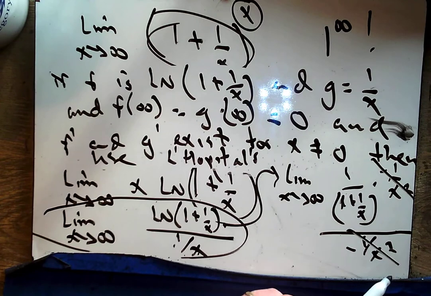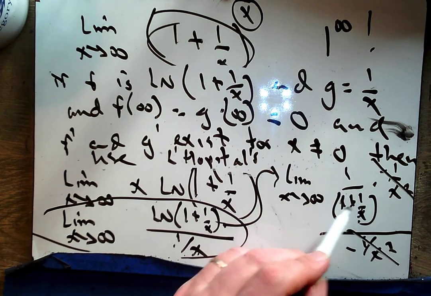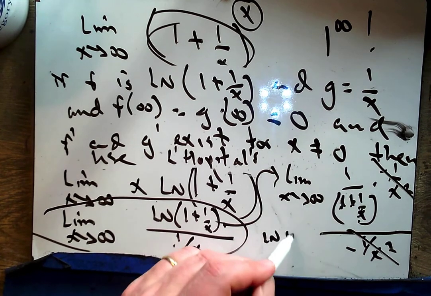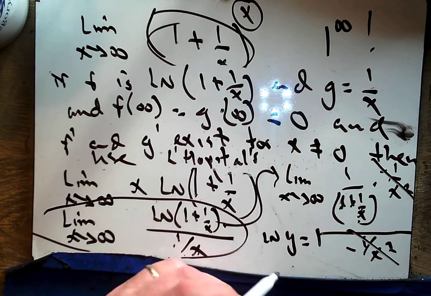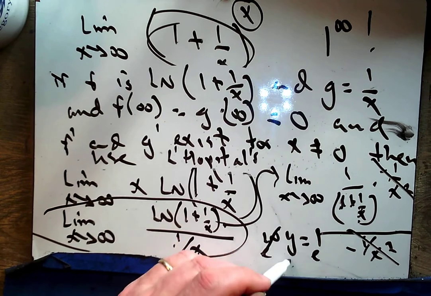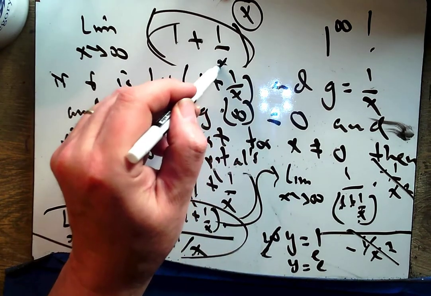Look, those cancel. Now when I plug in my infinity, I get 1 over infinity, which is 0. I get 0 plus 1, which is 1. I get 1 over 1. So I know the ln of y is 1. But I need to know what y is. y equals e.